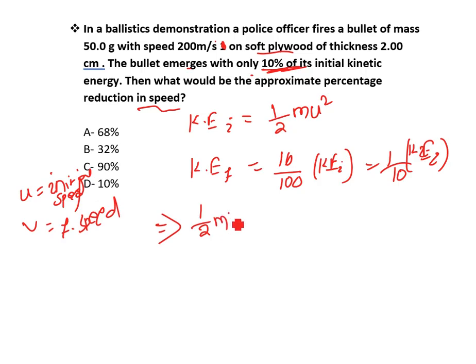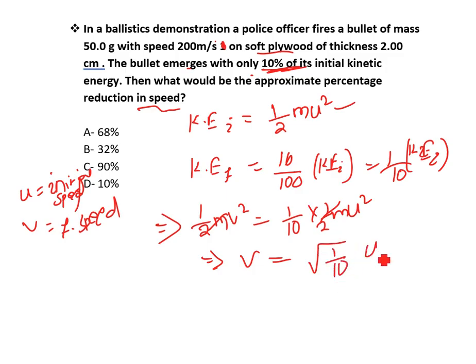So half m v square will be 1 by 10 of the initial kinetic energy, which we already found as 1 by 2 m u square. Half m cancels out, so v will become root over of 1 by 10 into u.